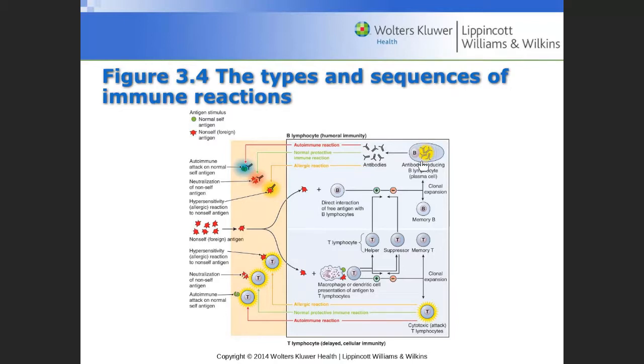Once they become more differentiated, they become plasma cells. And if you want to know the marker, CD19 is considered a B lymphocyte marker. And we will see that there are 5 different classes of antibody. Not all antibodies are alike.